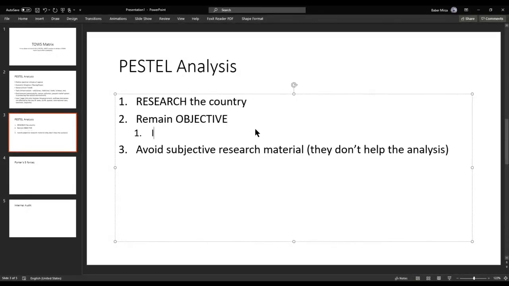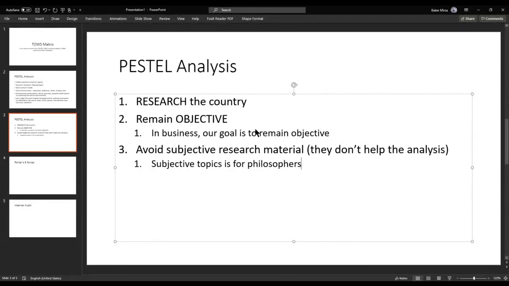I'll just write in business: our goal is to remain objective. And I would go as far as to say subjectivity is for philosophers. We are not philosophers.